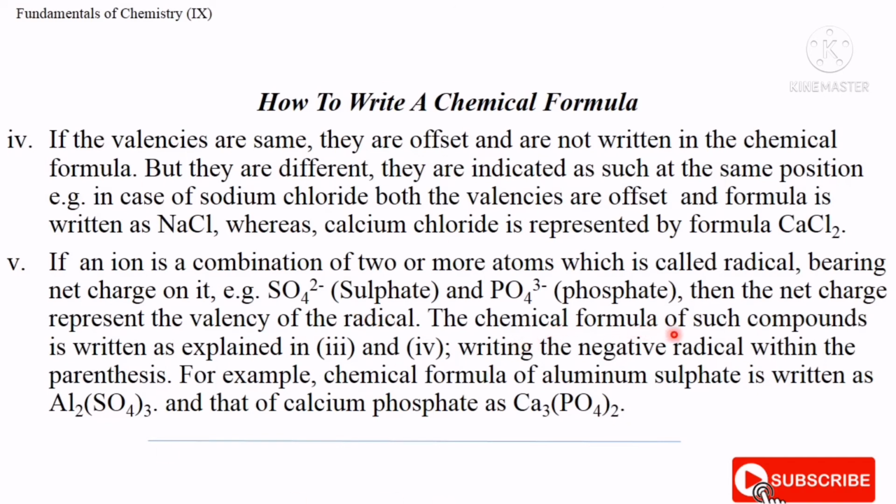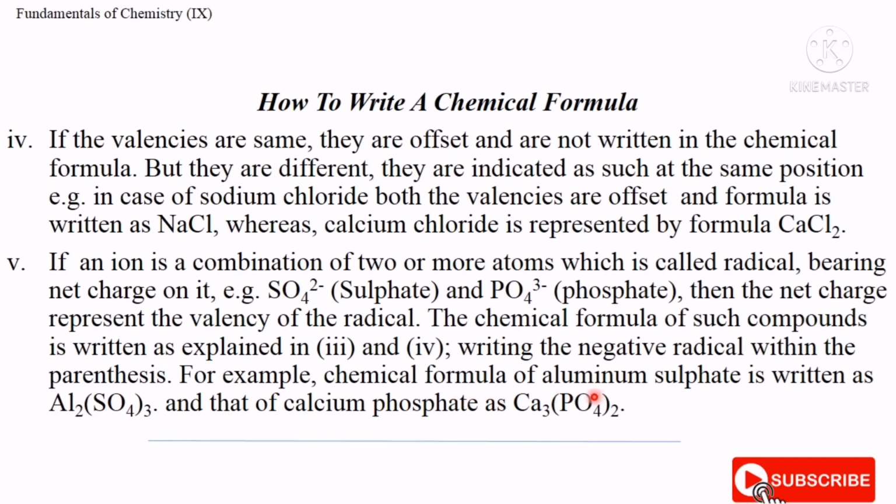The chemical formula of such compounds is written as explained in points 1, 2, 3 and 4, but only with the change, that is always writing the negative radical within the parentheses.